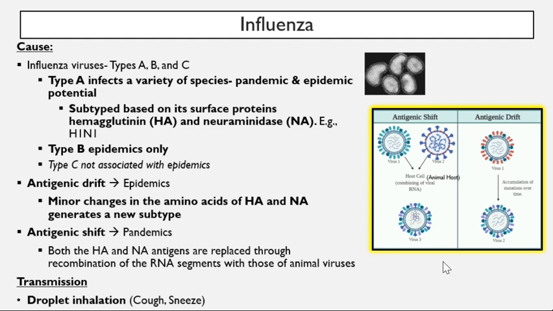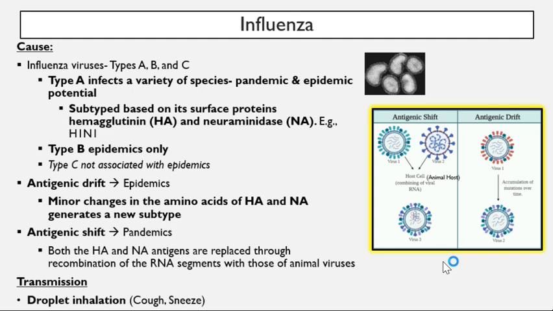While with antigenic shift, this is where there's gene shifting. This is people that actually get infected by different subtypes, right? Because two different viruses will infect the same cell, part of the genetics of one virus will shift to the other, and they'll exchange genetic material, and so you get these antigenic shifts.